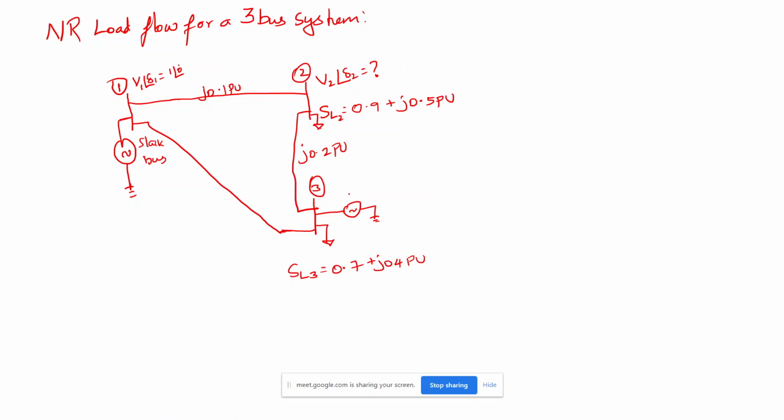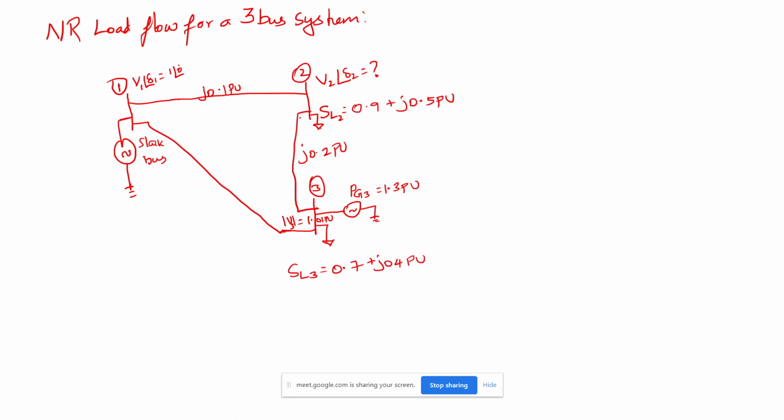and this is the load power and the generated power, this is the demand and this is the generator. So Pg3 is 1.3 per unit, and one more data they have given is V3 equal to 1.01 per unit. So they have given the V3 value. So we know V1 value, we know V3 value, and the load power and generated power at bus 3 is given for you, and the load power at bus 2 is given.